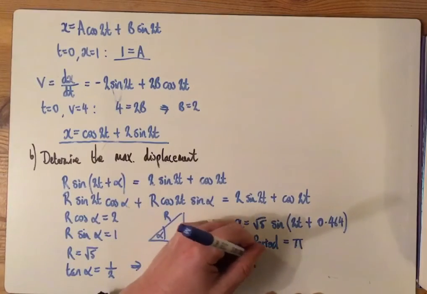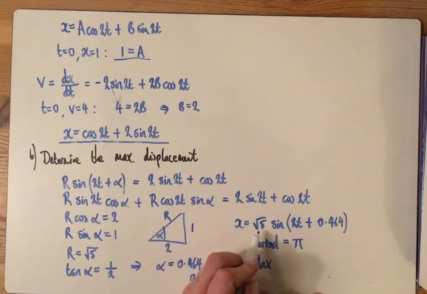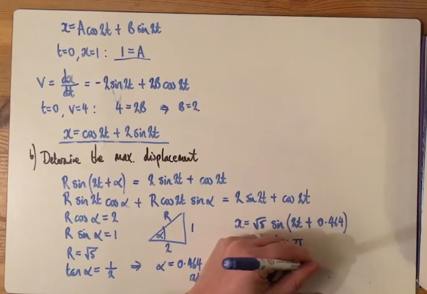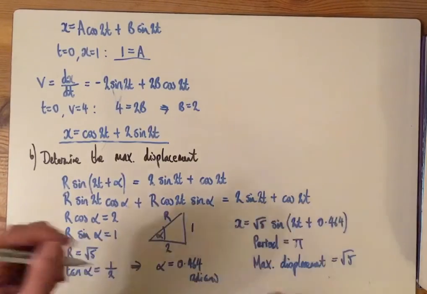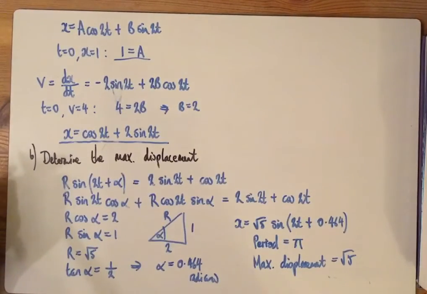And the maximum displacement, so sine is going between 1 and minus 1, so the maximum displacement is equal to root 5.